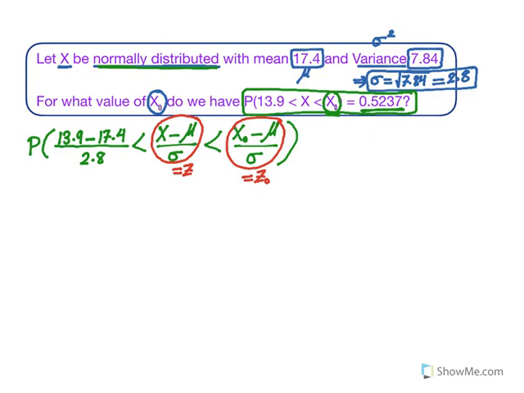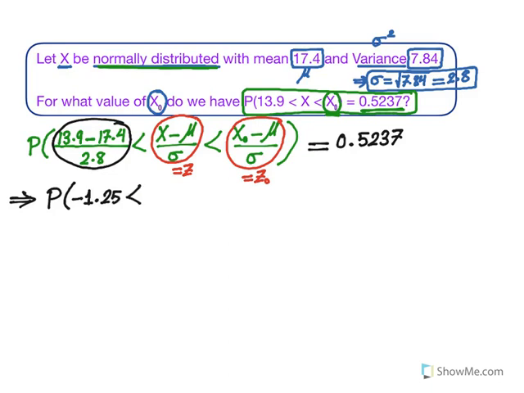This probability is given to us as 0.5237. So now if you compute this number here on your calculator, you will get exactly negative 1.25, less than x minus mu over sigma, we call it z, the z-score, and x0, the one we want to find, minus mu over sigma, we call it z0.